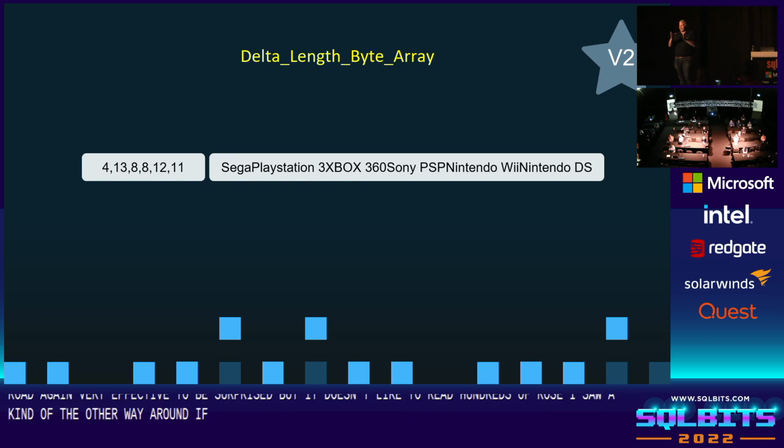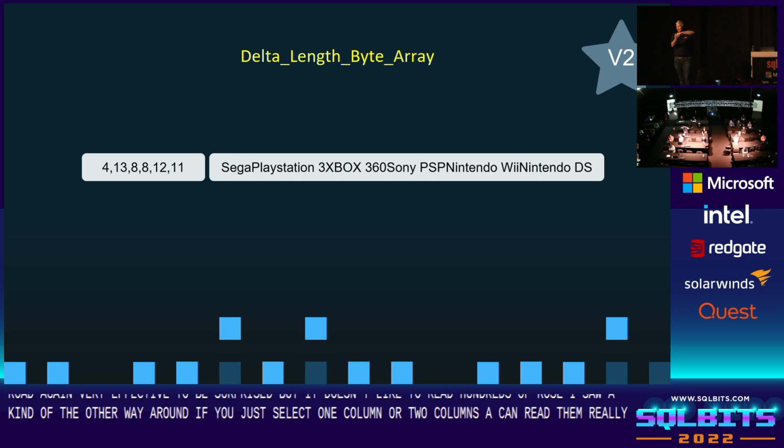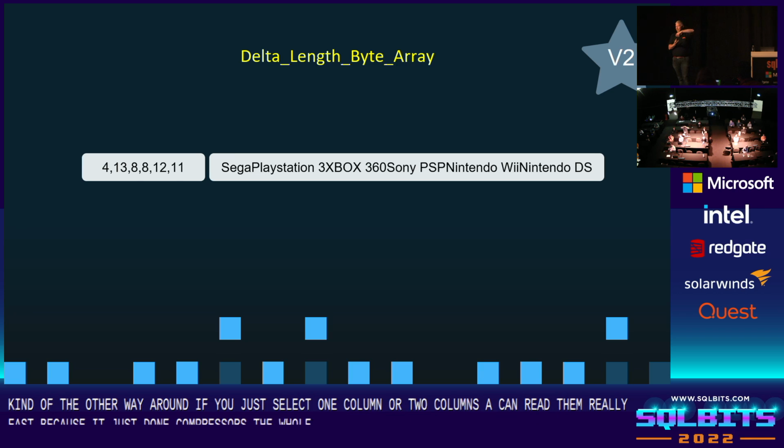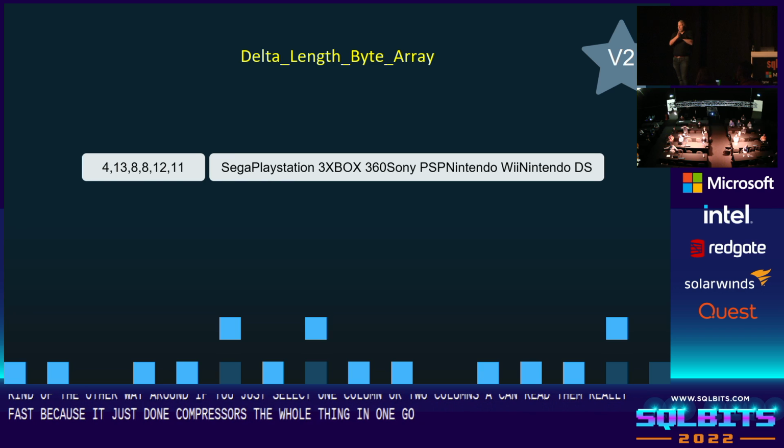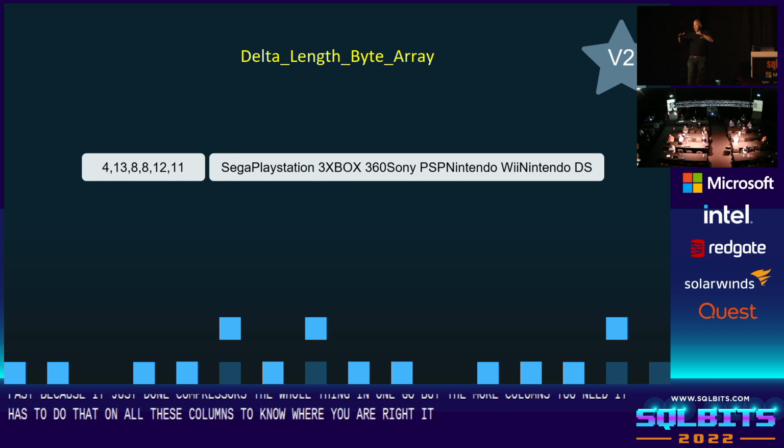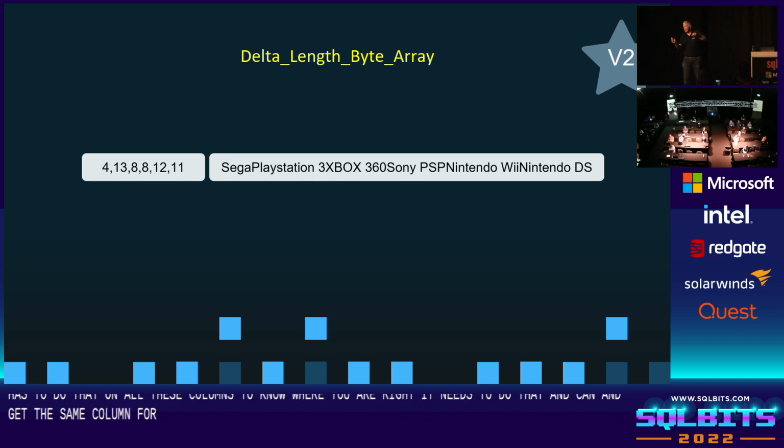If you just select one column or 2 columns, it can read them really fast because it just uncompresses the whole thing in one go. But the more columns you need, it has to do that on all these columns to know where you are, right? It needs to get the same column for the same row. It still has to present it to you like it's a row.